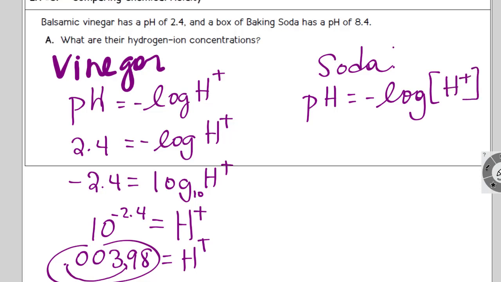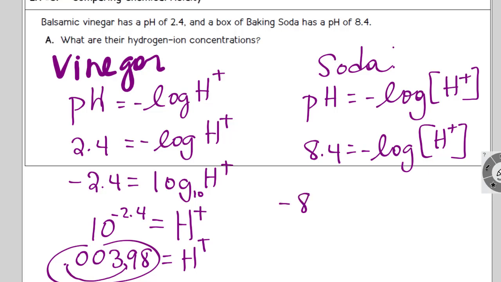And so they tell us that the pH for baking soda is 8.4. So I can multiply both sides by negative. I get negative 8.4 equals log of the hydrogen ion concentration.